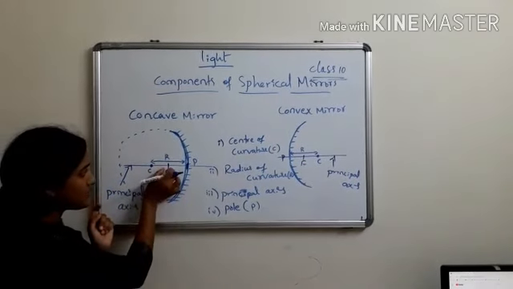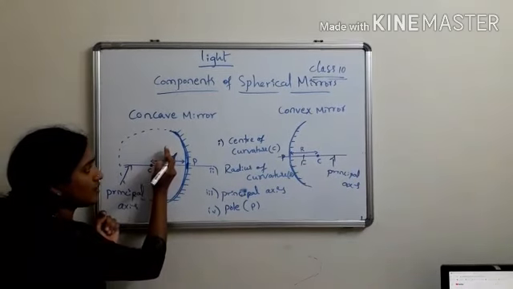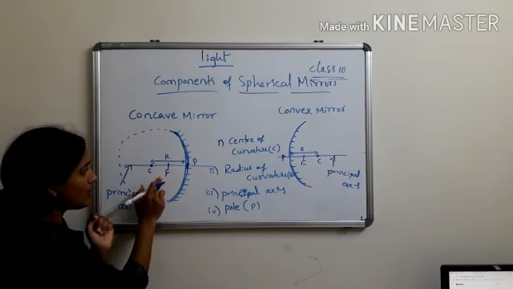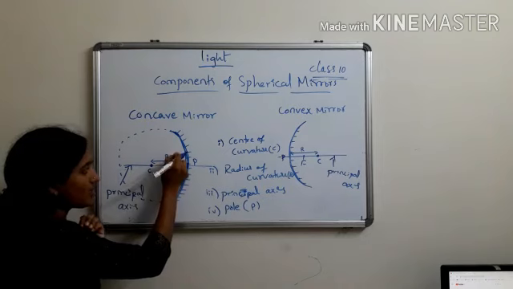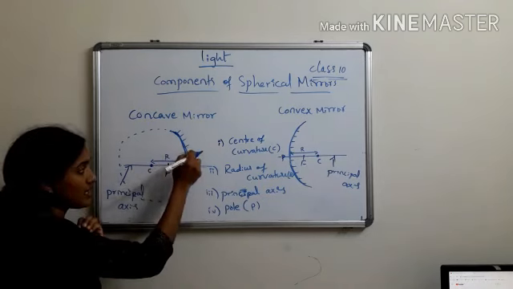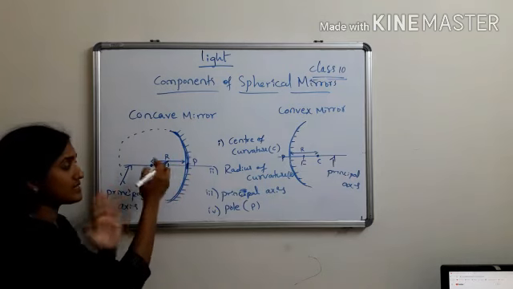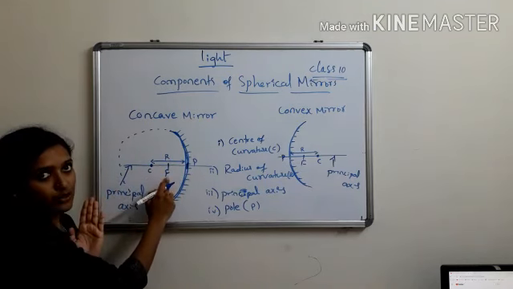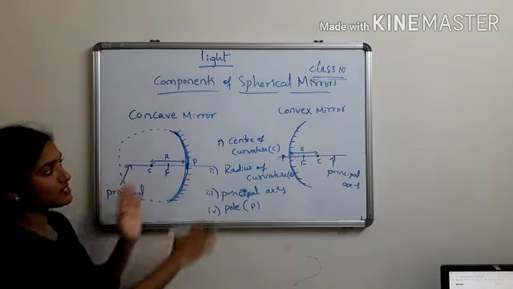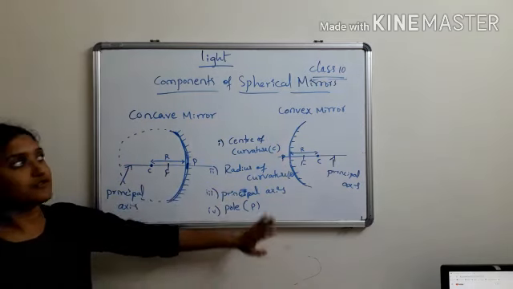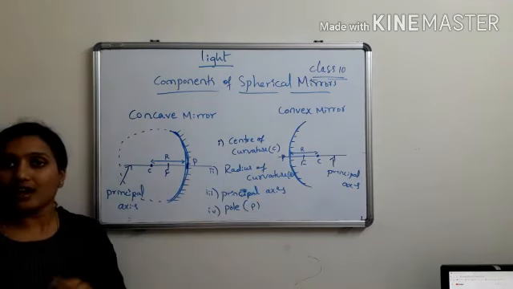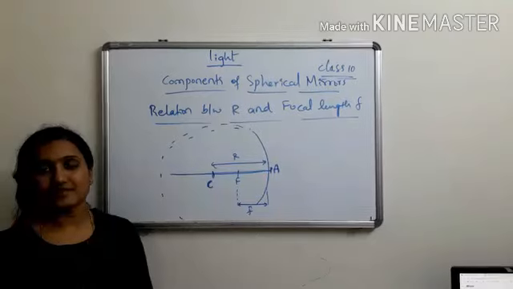The distance between the center of curvature and the pole, this radius of curvature R, is double the distance of the focus. First look at these components of the spherical mirror, then we will go to the relationship between R and F.